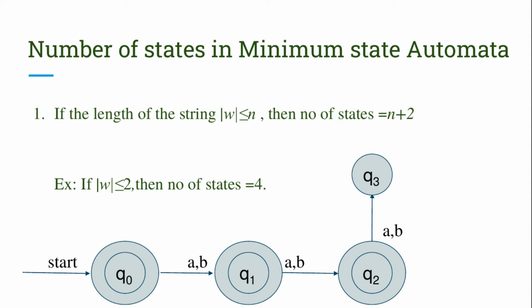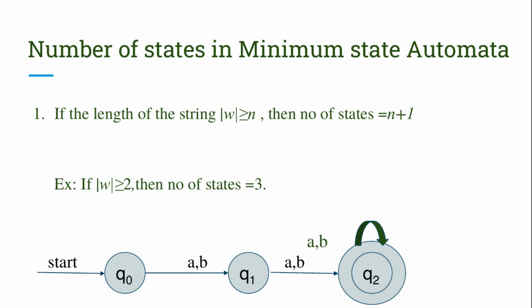Also, the automata contains one dead state, as the automata moves to a dead state when it reads a string of length more than 2. Hence, the number of states in minimum state automata for a string of length less than or equal to n equals n plus 2.